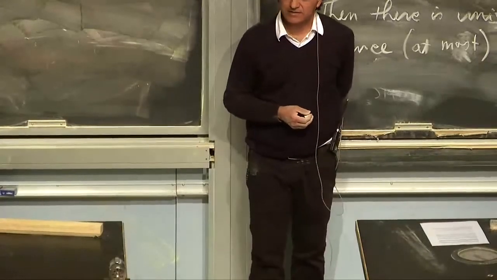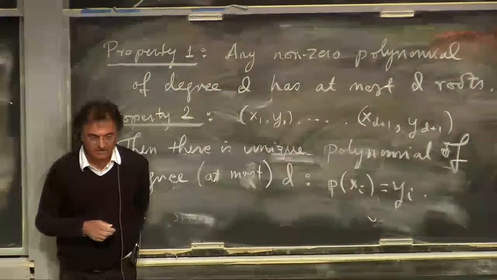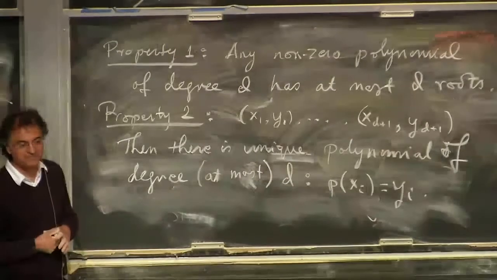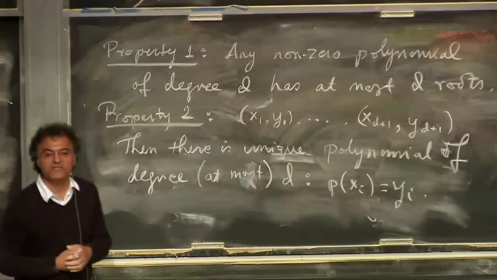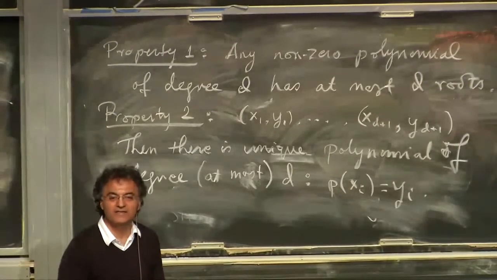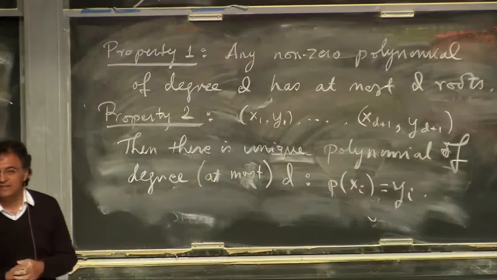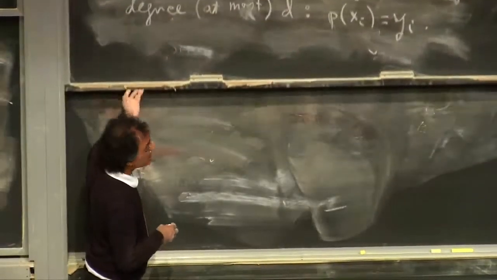The points may not be distinct. Okay, well, what if they were distinct? Yeah. So you see, you could have degenerate cases.